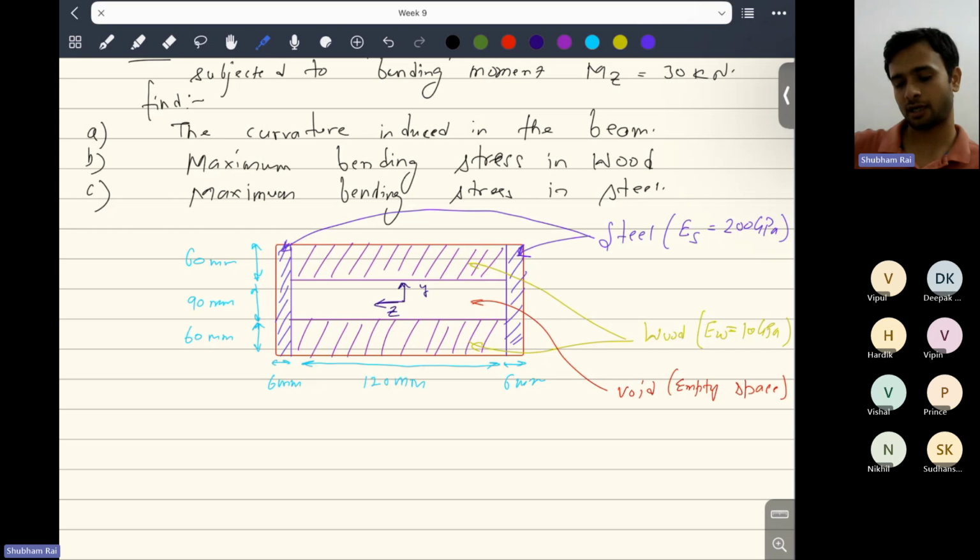So if you are able to imagine, if we only have wood and we try to bend it, this cross section will be bent like this. There will be less resistance. And if we have steel inserted in it, resistance will increase. It means we should add the stiffnesses of both the materials. Because if we only have steel, resistance will be less compared to when we have steel plus wood.